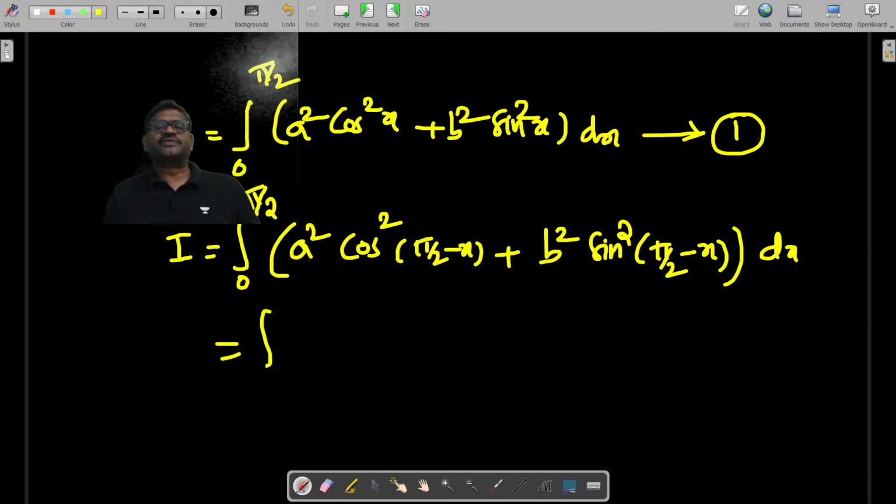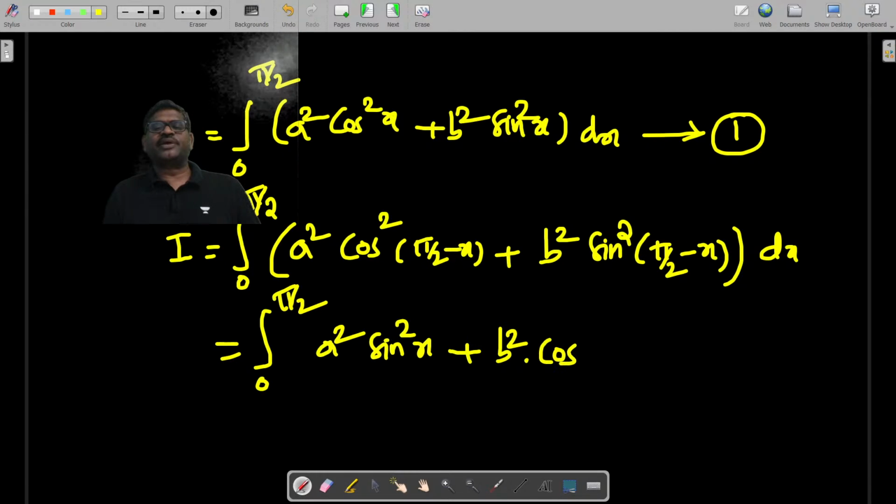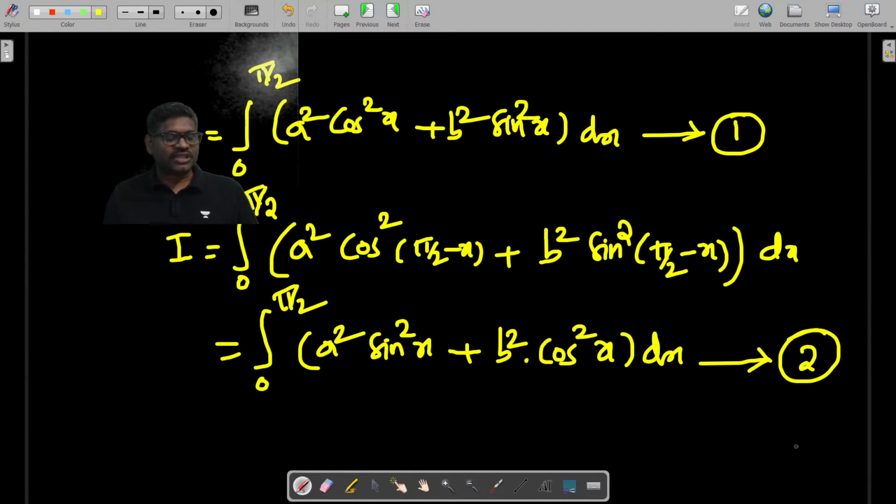That is integral 0 to pi by 2, cos 90 minus x is sin x, cos square 90 minus x is sin square x, sin square 90 minus x is cos square x dx. Called it equation 2.